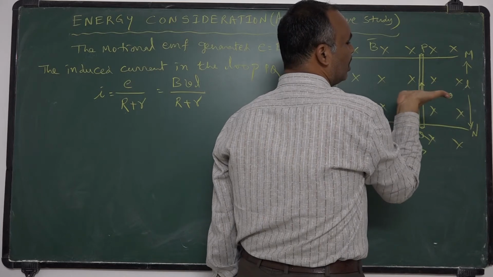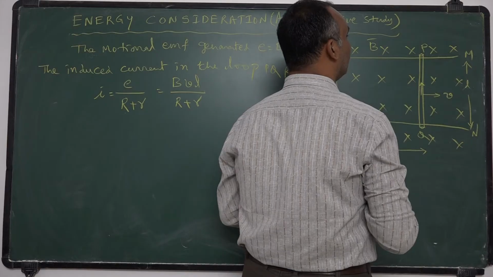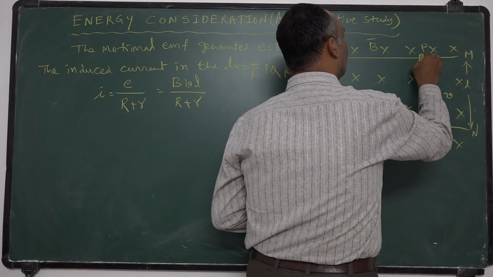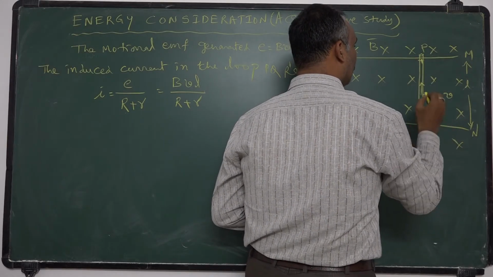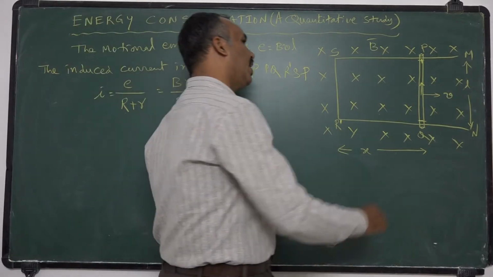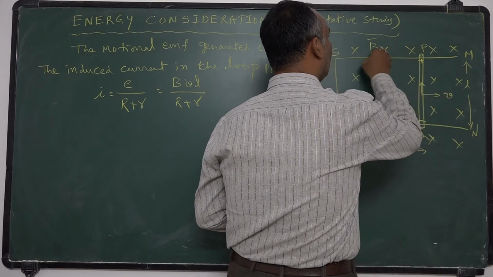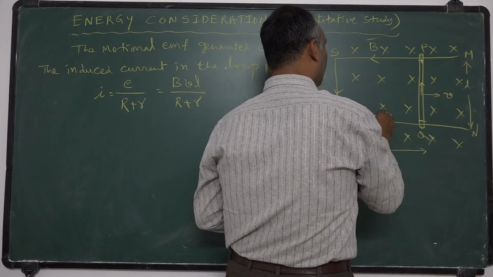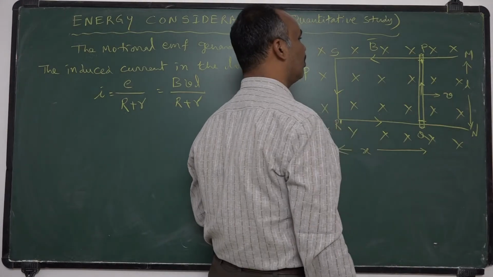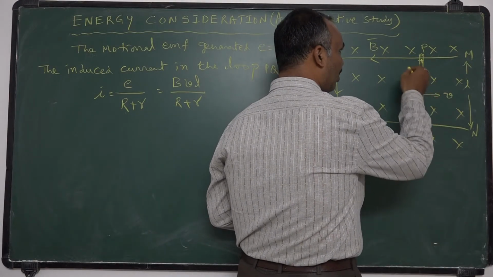If the thumb represents the direction of motion of the rod or velocity, then this terminal will get positive potential, and this terminal will get negative potential as per the right hand palm rule. Now current has to move from the negative terminal to the positive terminal within the rod, and from the positive terminal to the negative terminal within the circuit. Now it is a current carrying rod kept in a magnetic field.